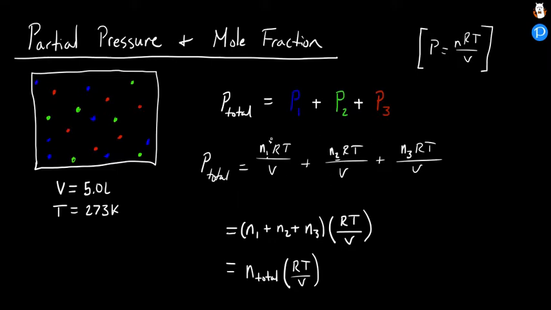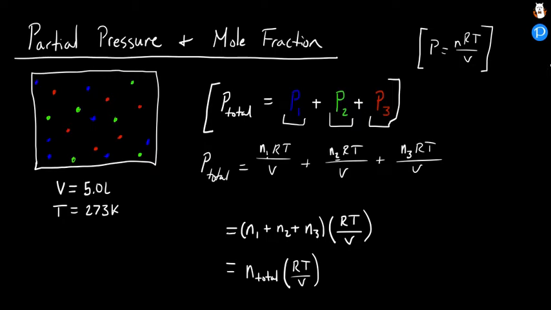And then we could rearrange this further and simplify it into the total number of moles, adding up the moles of each gas, times our gas constant times our temperature divided by our volume. So there are a few different ways that we can think about partial pressures, but the main thing is that the total pressure of this is equal to the individual pressures of each gas added together.